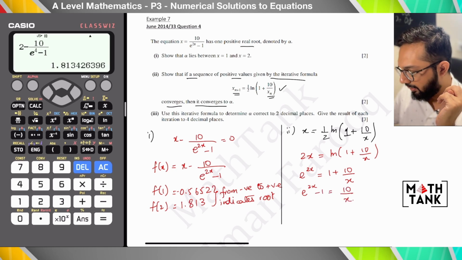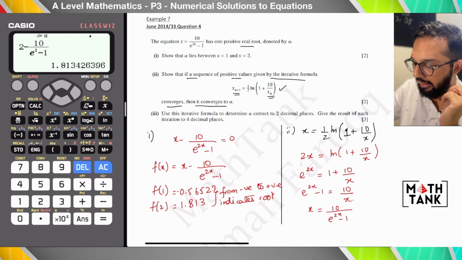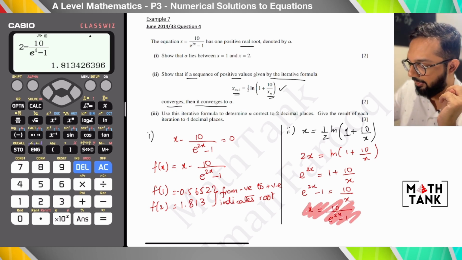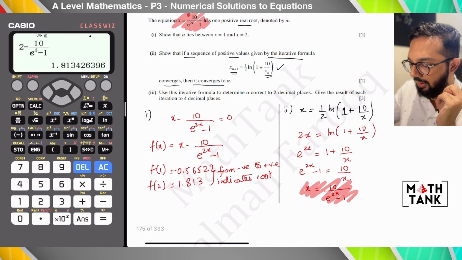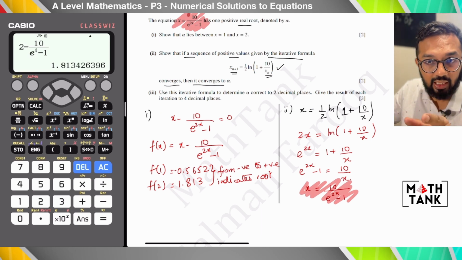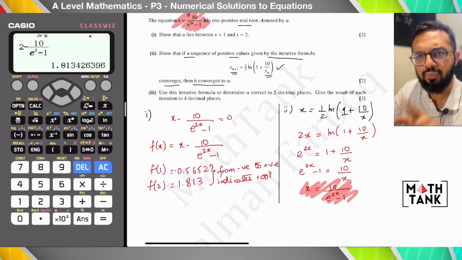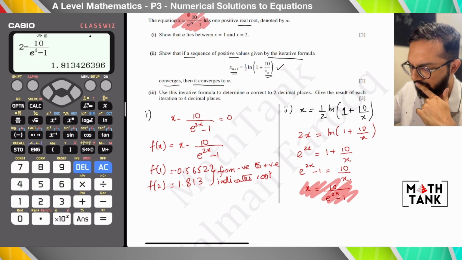Can I now exchange these and show to you that this is the same equation that I had in the original question essentially? So that means that my answer is correct, and I've proven to you that they are essentially the same equation. If I find the root from the iteration, that would be the root of the original question as well.